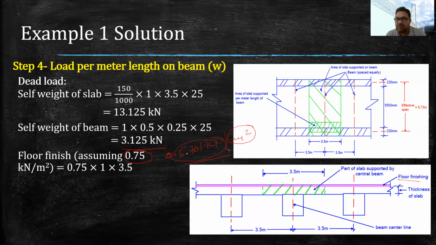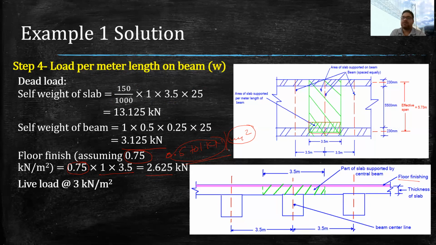But in our case, the area under consideration is this one, which is 3.5 meters square. So we multiply the value of floor finishing by the area under consideration, which is 1 into 3.5 meter. After this, we can calculate the floor finish as 2.625 kilonewton.